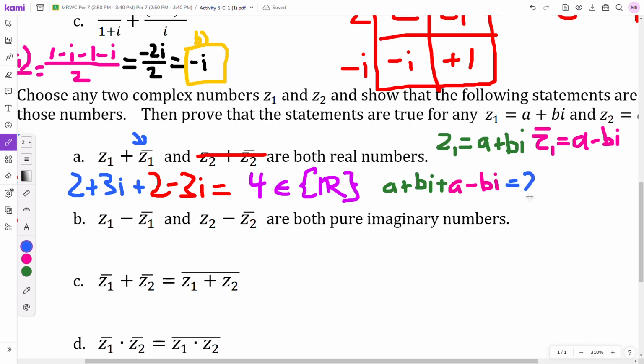This adds up to 2a. And remember that a, by definition, is purely real. I hope you all understand me. So, therefore, if you add a complex number and its conjugate, you will end up with a purely real part.